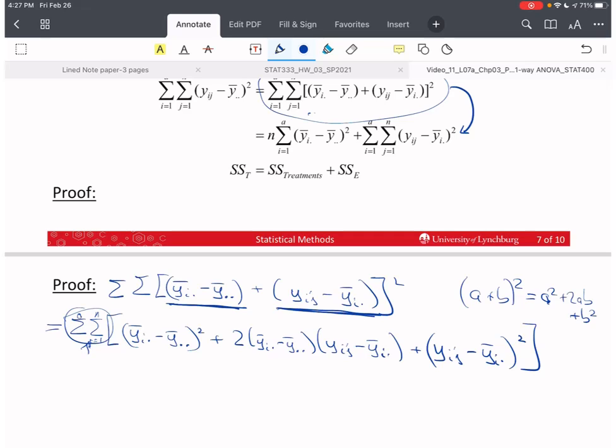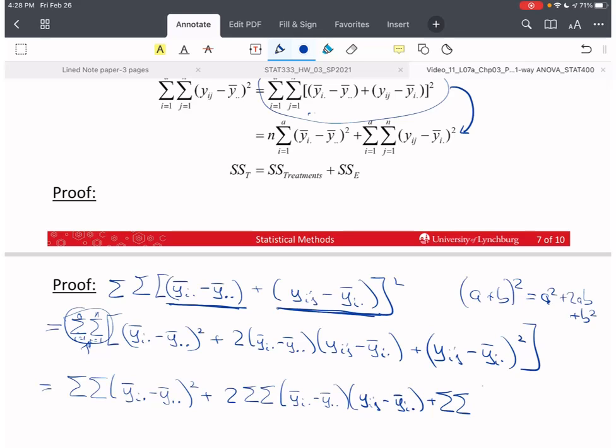And so I can distribute that summation across the sum, so I get the sum of yi dot bar minus y dot dot bar quantity squared plus 2 times the sum of yi dot bar minus y dot dot bar times yij minus yi dot bar, plus the sum of yij minus yi dot bar squared.